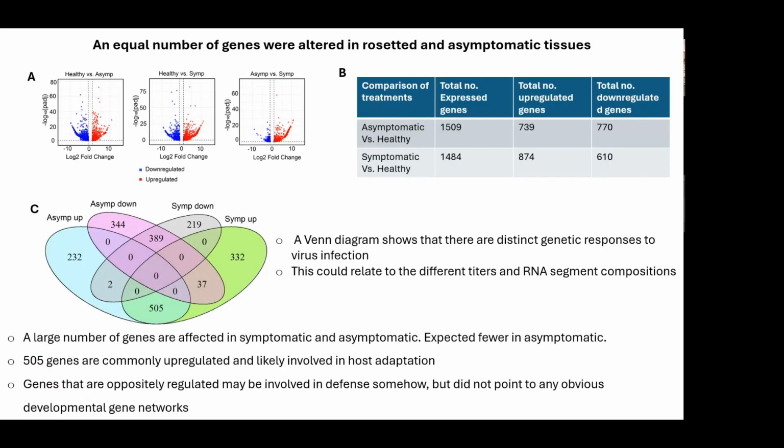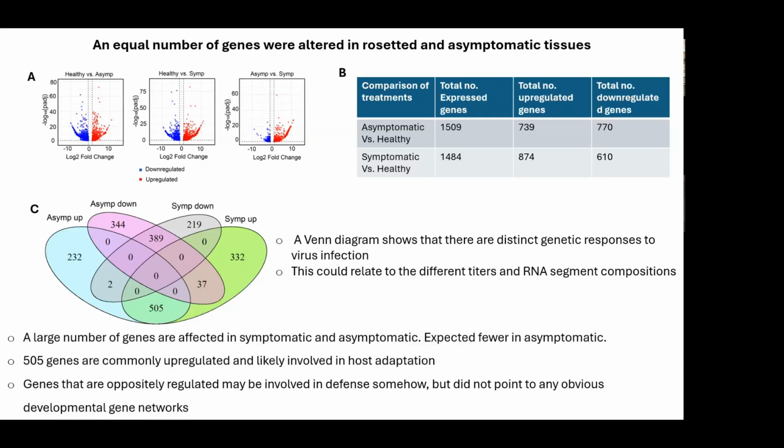After analyzing the data, we compared the differentially expressed genes between asymptomatic and healthy, and the numbers of downregulated and upregulated genes are almost equal. We then compared the differentially expressed genes in symptomatic compared to healthy, and again the numbers of downregulated and upregulated genes are almost equal.